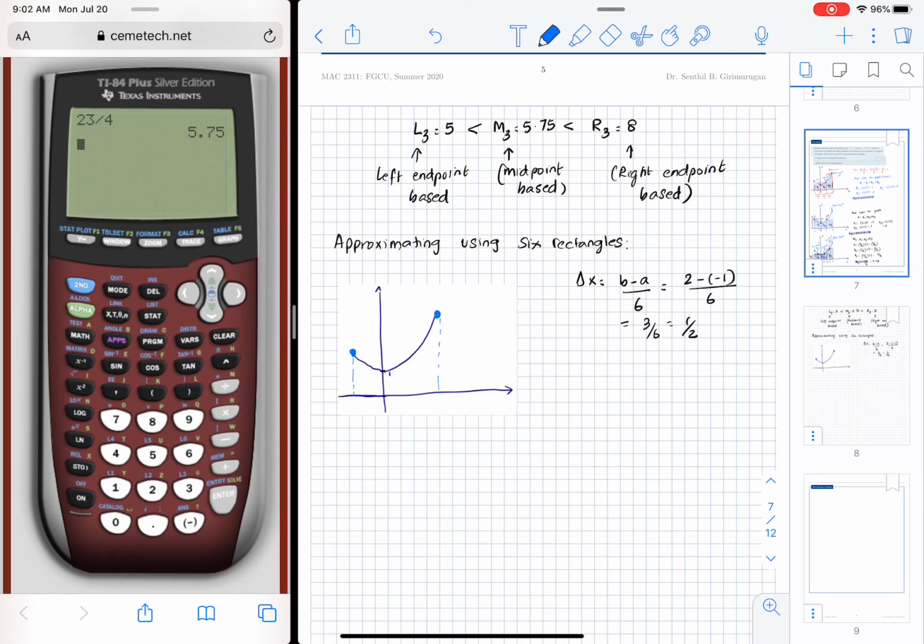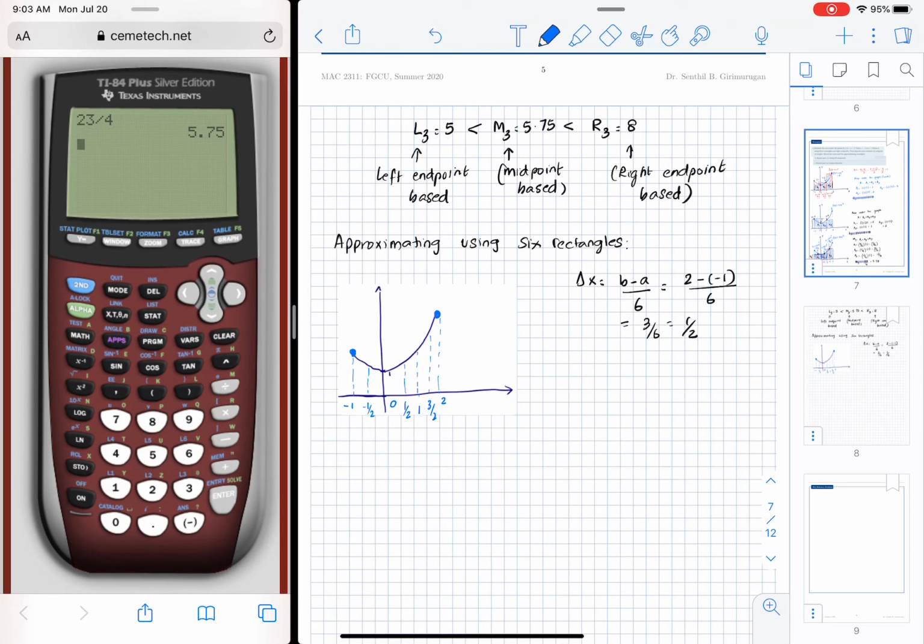Now I'd like to go from negative 1 to 2, in increments of half. So I'd have negative 1/2, 0, 1/2, 1, and 3/2, which is 1.5. So those are the rectangles that I would have.